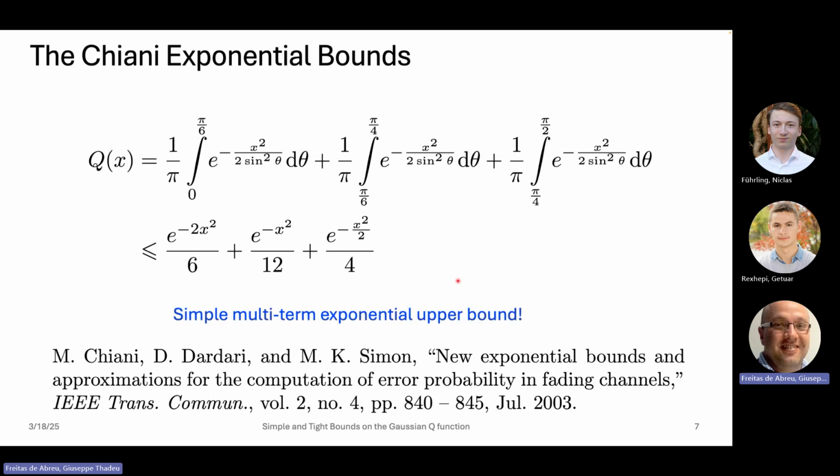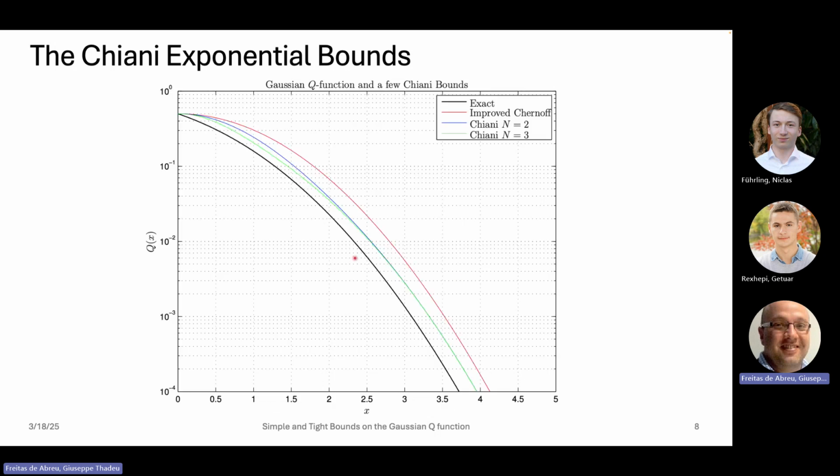So essentially what you obtained was a simple multi-term exponential upper bound, which if you now go and plot in comparison to the previously improved Chernoff bound, I am now no longer showing the original Chernoff and the Chebyshev. You can see that with 2 terms, you get this blue line.